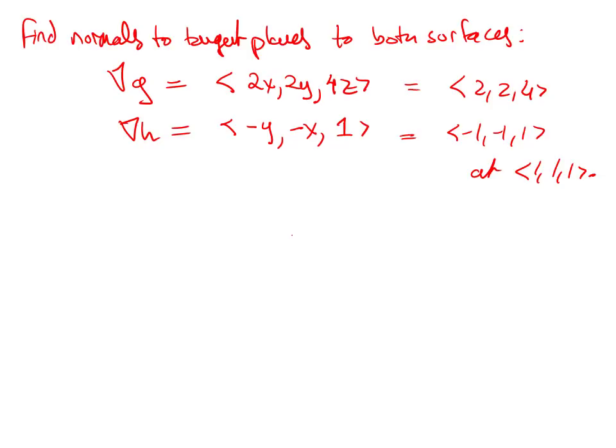And so the tangent vector, the line at the intersection of these two planes, the tangent vector, the velocity at this point, is going to be perpendicular to both these normals.